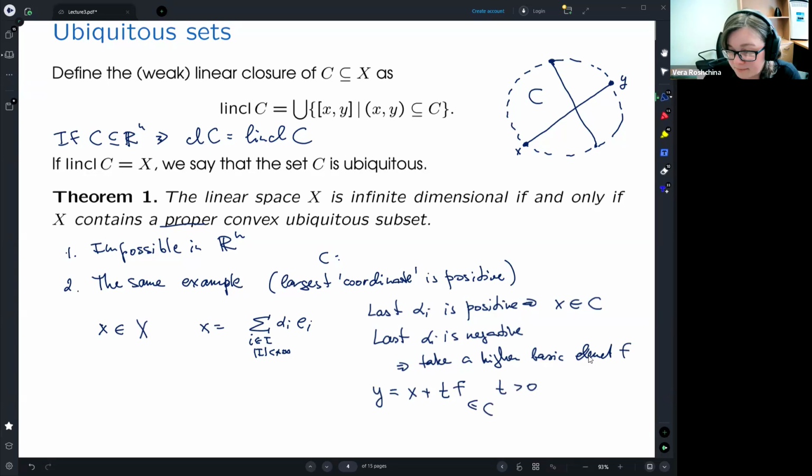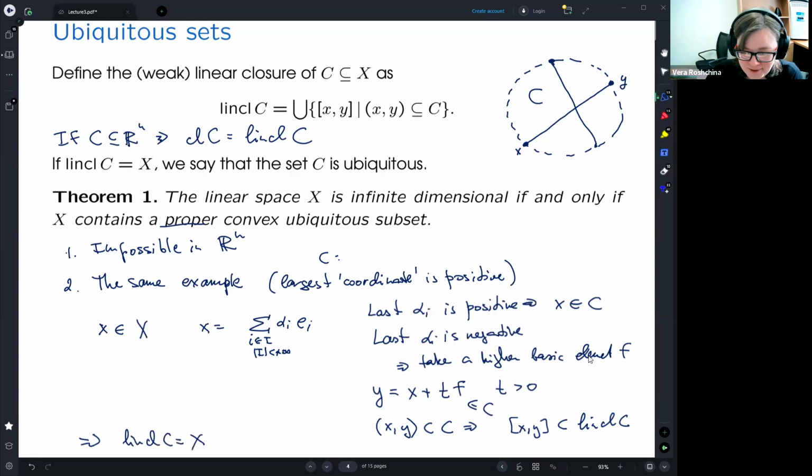So even though x is not in C, we are within the same line, so this line segment from x to y will be in C. And so x is in the linear closure of C. Because we picked any x and put it in the linear closure, we can deduce that the linear closure of C is the whole space.